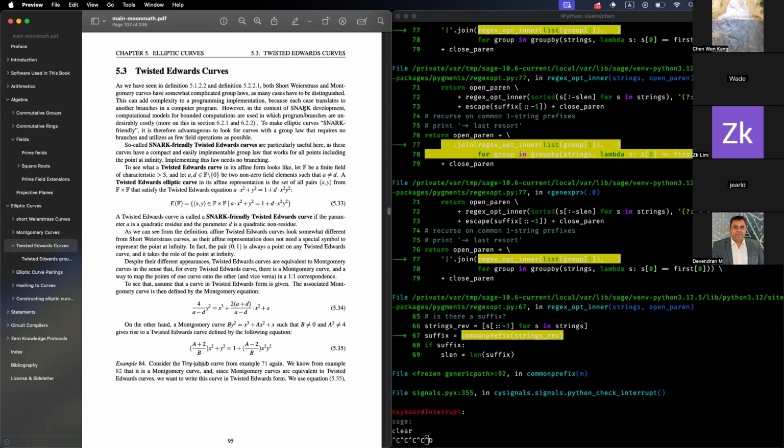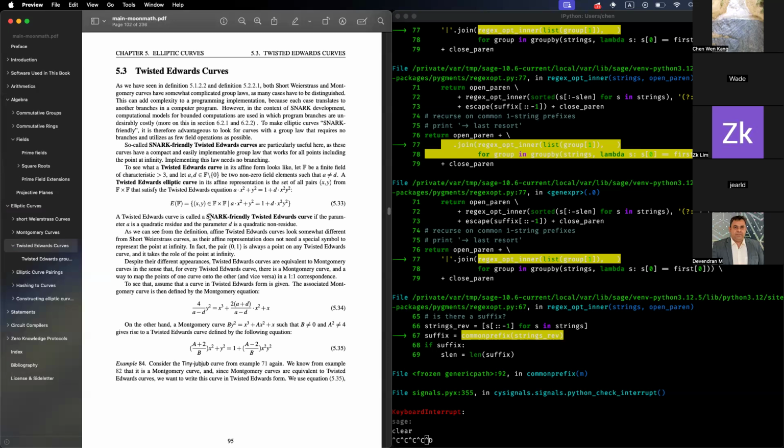Why is that the case? We will actually talk about it later, but branches are not friendly to snarks due to the fact that if you have branches, it makes it not deterministic. And in snarks, we want to deal with deterministic stuff.